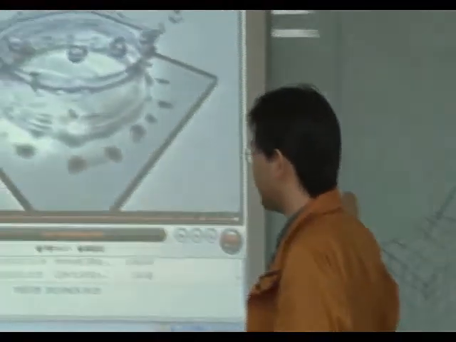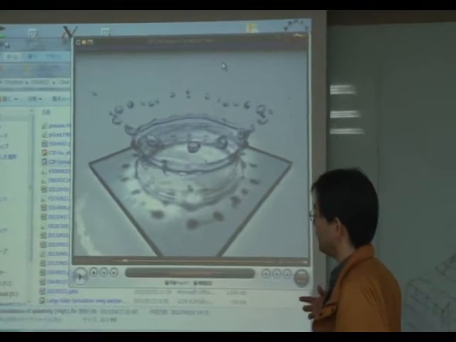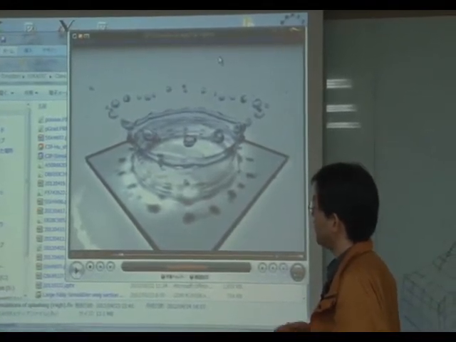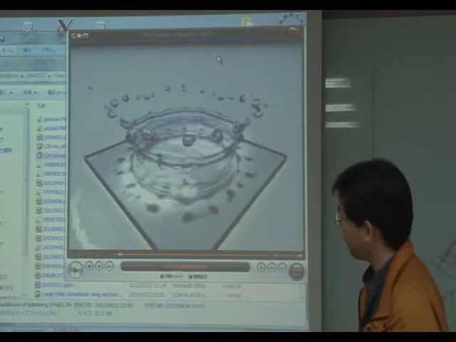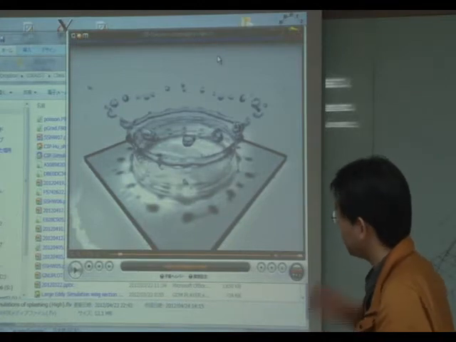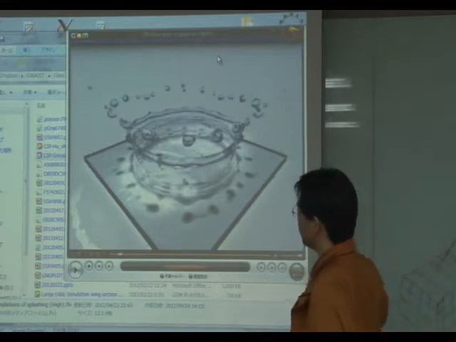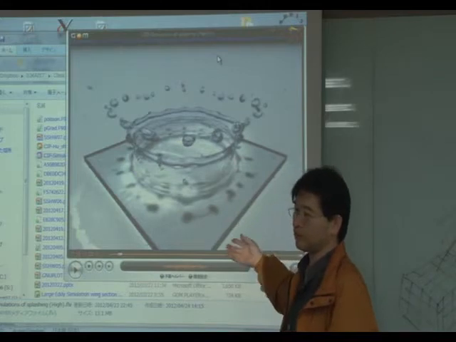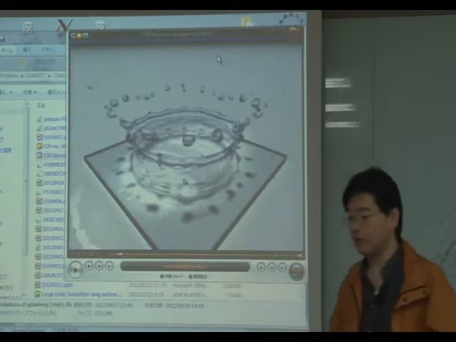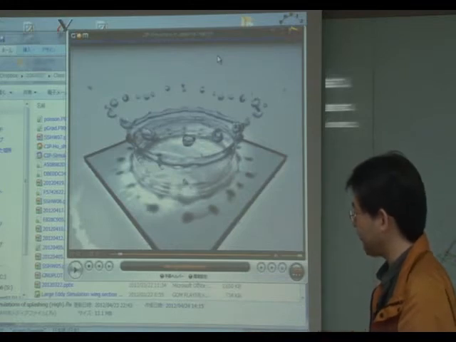So it is not directly applicable to the performance prediction of seagoing vessel. But this might be very applicable to sloshing problems if the shape of the tank is very simple.